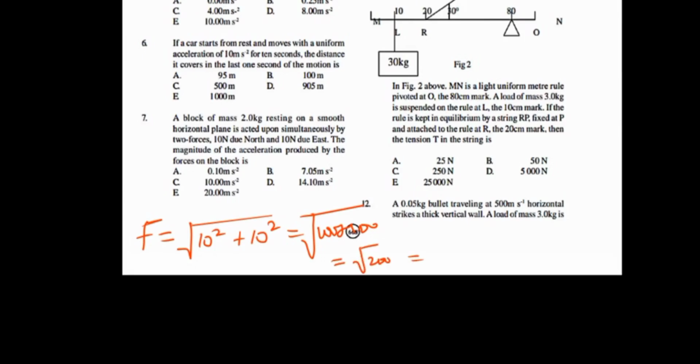Since the mass is 2 kg, acceleration is force divided by mass, which is 14.14 divided by 2, and the acceleration will give you 7.07 meters per second squared. Yeah, that's what we're going to have. So if we look at these options critically, the only one that works is option B.